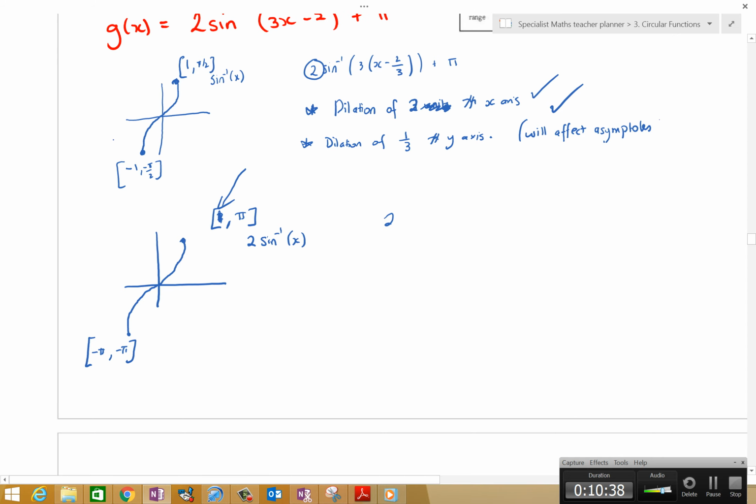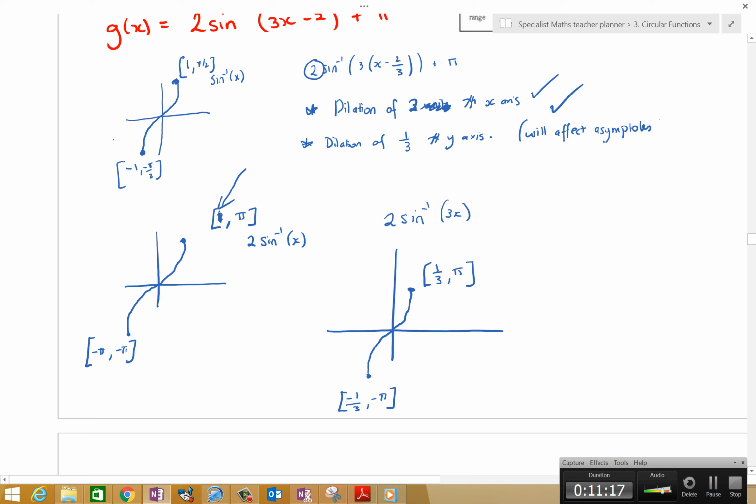So the graph of 2 inverse sine of 3x is going to look like this. It's going to thin out, isn't it? It is going to get much thinner. Okay, and the end point there is going to be 1/3. That pi is not going to change though, is it? Pi. All right, negative a third. Negative pi.